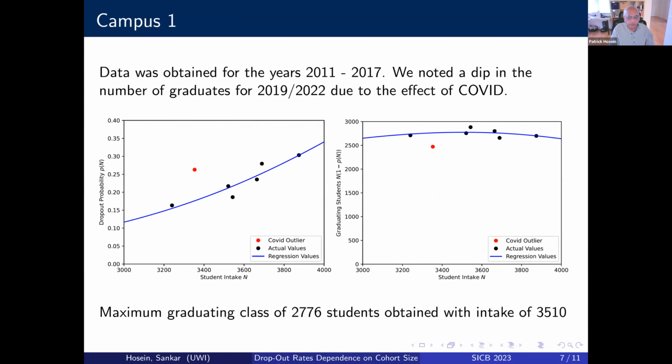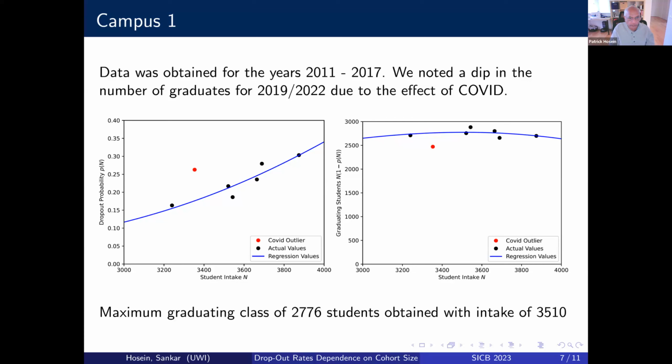The university had 3 campuses, so we evaluated each campus separately. Now, again, it would be better if we could do this on a per faculty basis or even a per department basis, because it will give us better information, but we had to do it on the overall university enrollment.